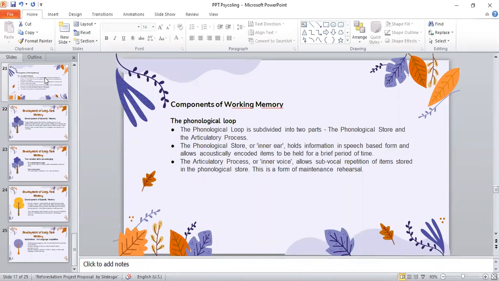The articulatory process, or inner voice, allows subvocal repetition of items stored in the phonological store. This is a form of maintenance rehearsal.